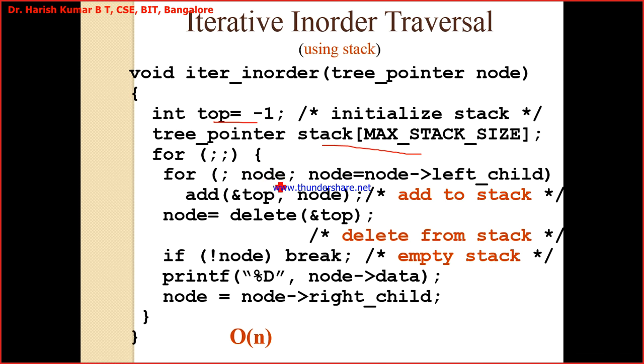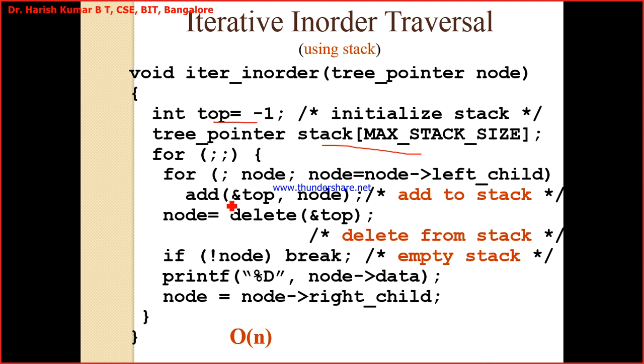If the node is not null, I add the node to the top of the stack, and this is repeated until all the nodes I traverse along the left subtree are added. So I take the first node, add it to the top of the stack, and then I traverse along the left subtree. The next node is again added to the stack.